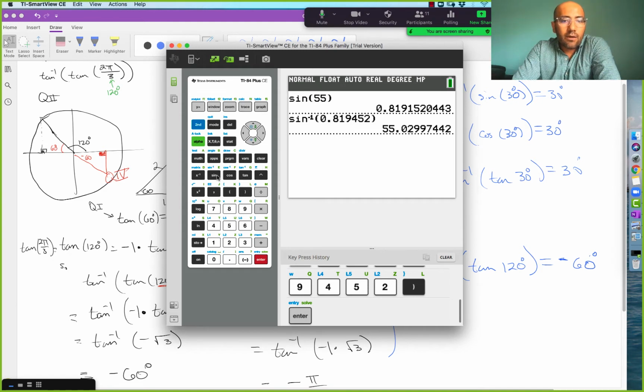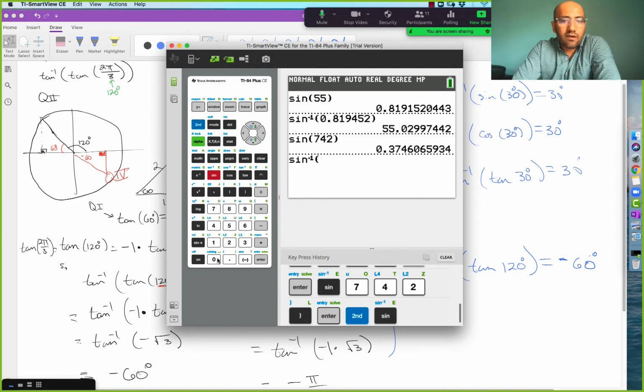However, if I tried sine of, I don't know, 742 degrees, it gets me to some decimal. But if I type in sine inverse of that decimal, 0.3746, it's not going to bring me back to 742 degrees.